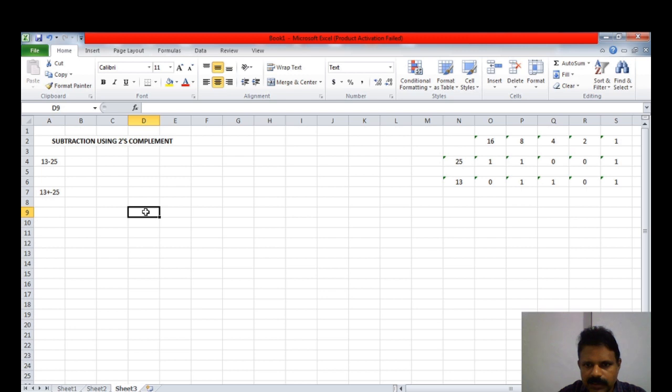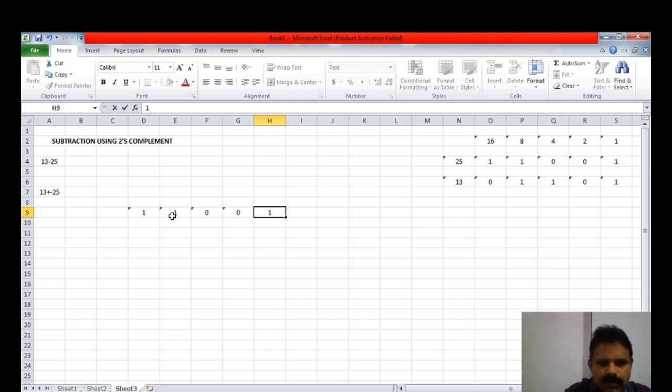So we have to take the two's complement of 11001, the pattern for 25.